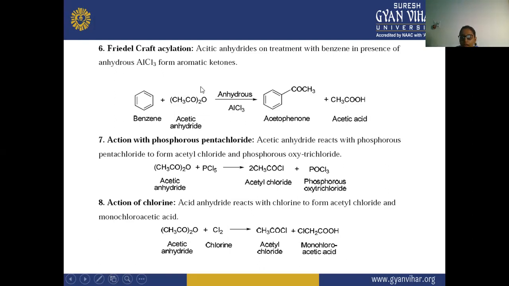After the removal of this H positive, this COCH3 is attached to this benzene molecule, and H positive is also present. So we have to remove this H positive to make a stable molecule. The H positive, that is the proton removed from benzene, reacts with this CH3COO, and acetic acid is formed here.